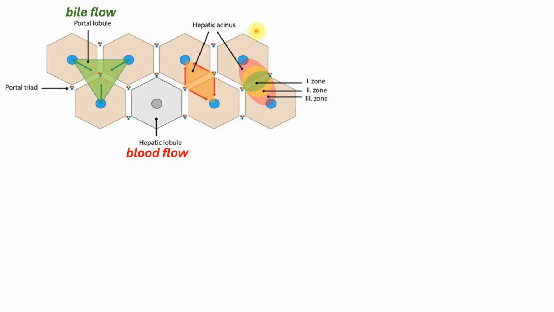Next, we have our hepatic acinus, which actually tells the story of the metabolic activity gradient and the oxygenation levels of the cells within the liver, okay? So here you can see that it's actually made up of two central veins and the cells in between them.